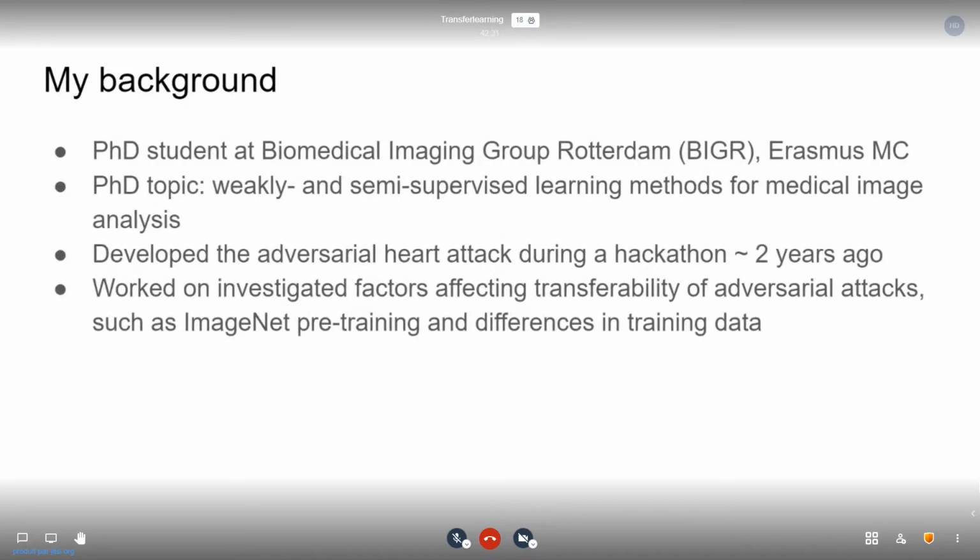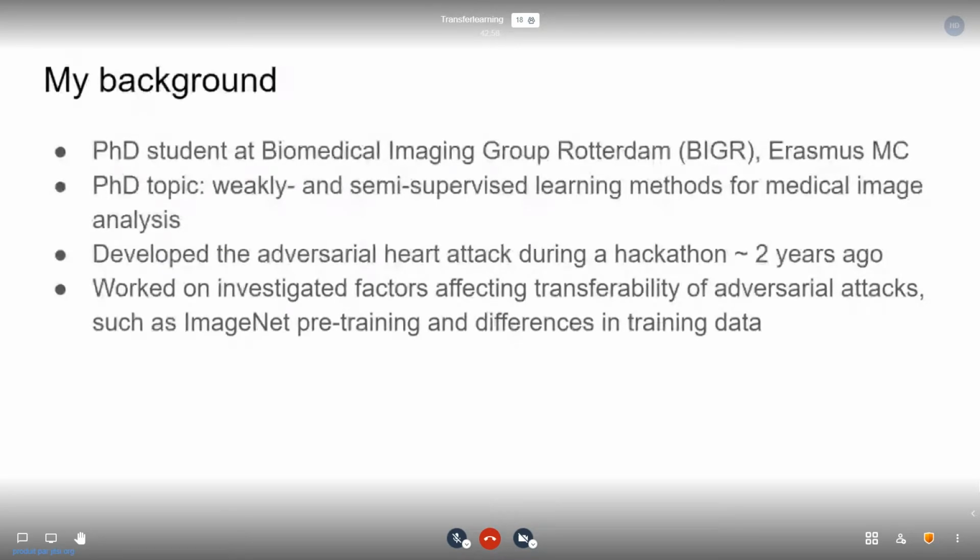That is factors that affect how well adversarial attacks made by one network work on another network. More specifically, we looked at how ImageNet pre-training affects this transfer, and how differences in training data between networks affect transfer of adversarial examples between those networks.